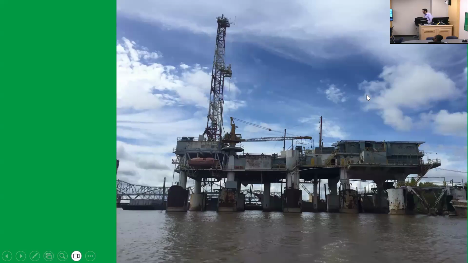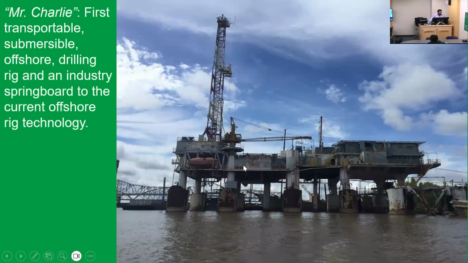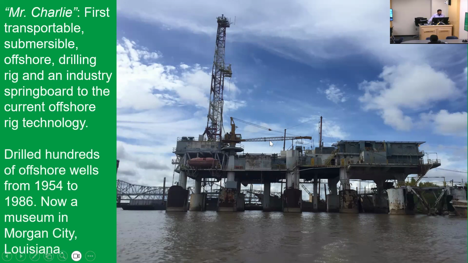Now this rig, you can visit it if you are ever in Louisiana. The rig's name is Mr. Charlie. The name of the place is Morgan City, a little bit out of Baton Rouge.